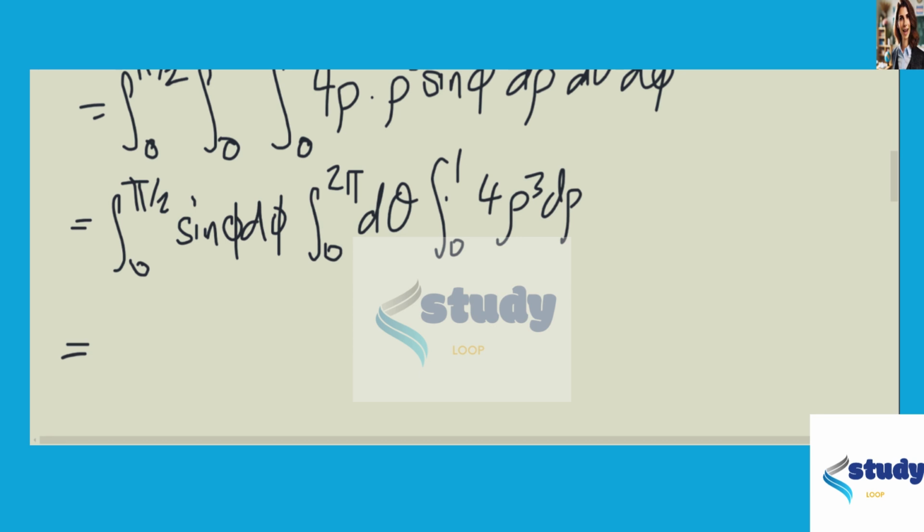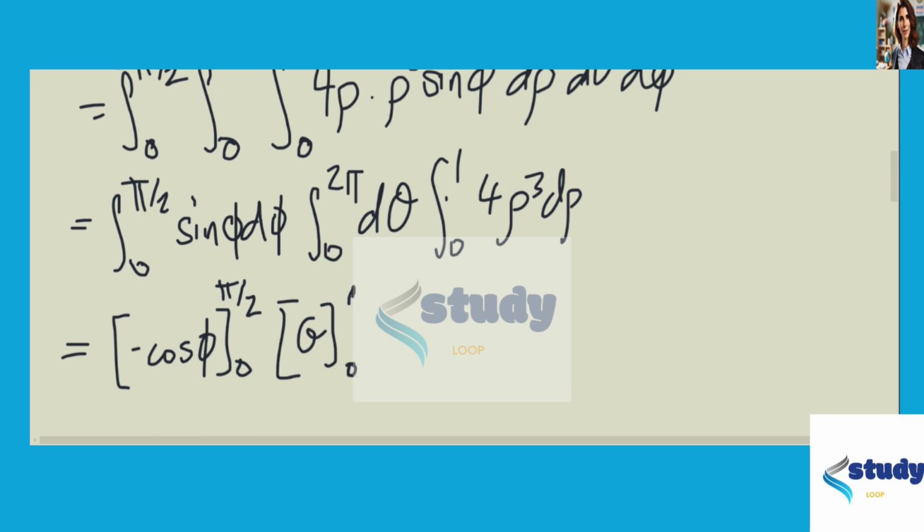And then taking antiderivatives, we get negative cosine phi from 0 to pi over 2 times theta from 0 to 2 pi times rho to the 4th from 0 to 1.